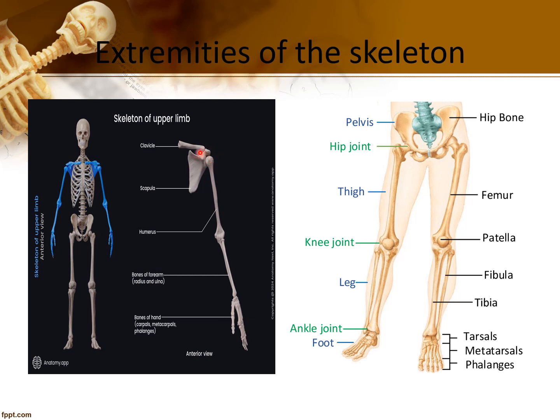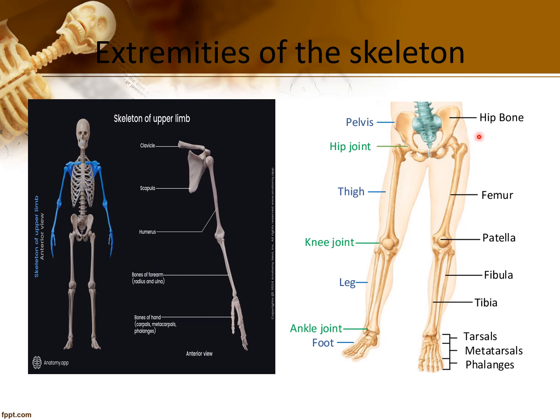The bones of the upper extremities: clavicle, scapula, humerus, bones of forearm, radius and ulna, and bones of hand, carpals, metacarpals, and phalanges. The lower extremities are joined to the trunk by the pelvic girdle.